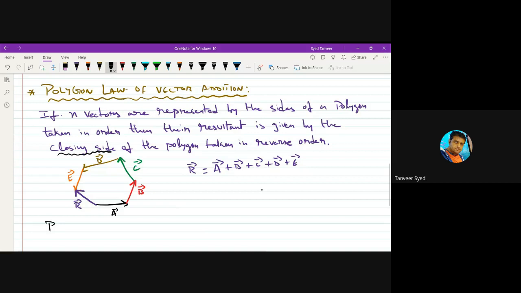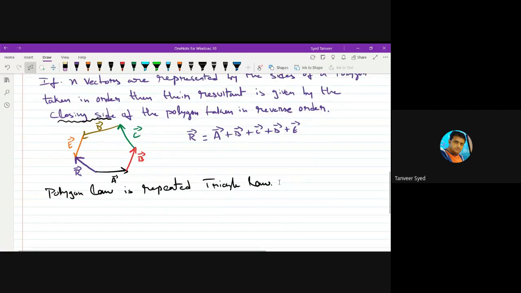So polygon law is repeated triangle law. How? See, take the two vectors A and B first. I will draw them here.